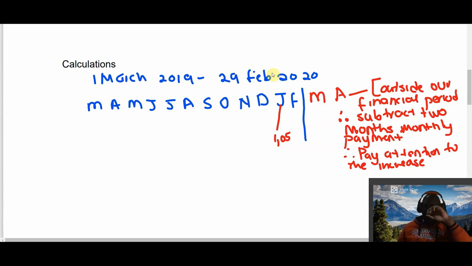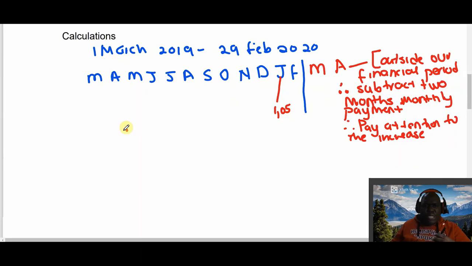So our goal is that we want to check how many months did we pay rent when it was only 100%, and then from there we also find how many months did we pay rent at 1.05, meaning at 105%.